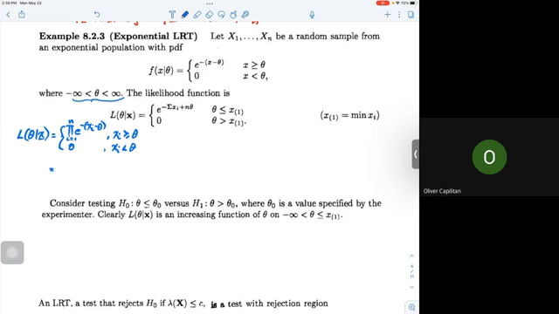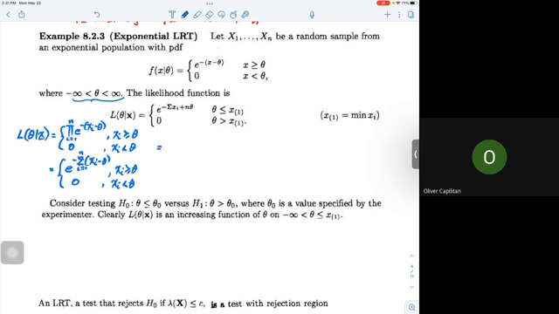Okay, say the product of that would be equal to e to the negative summation of x sub i minus theta, i from 1 up to n. And then here, still x sub i is greater than or equal to theta, and then 0 otherwise. Okay?